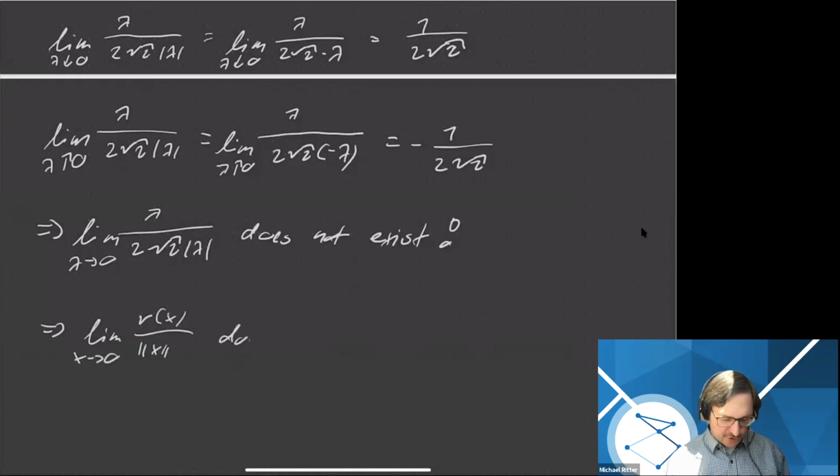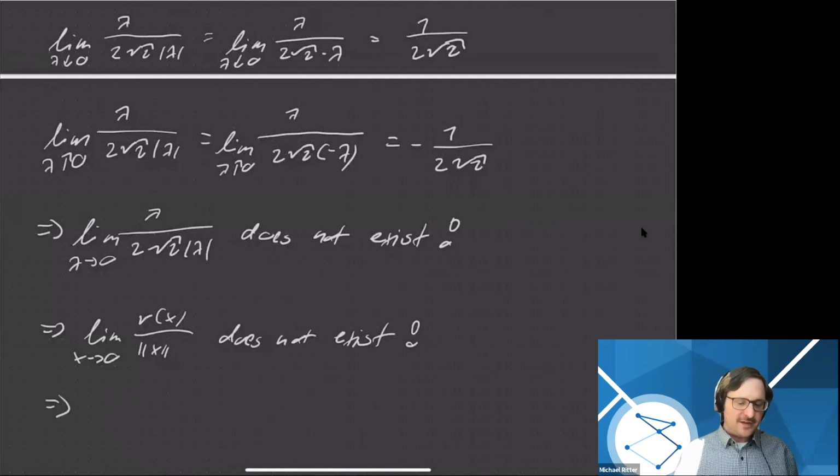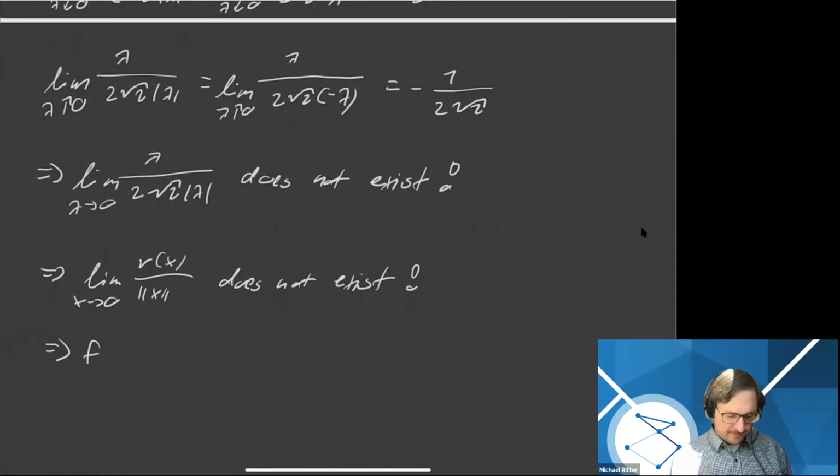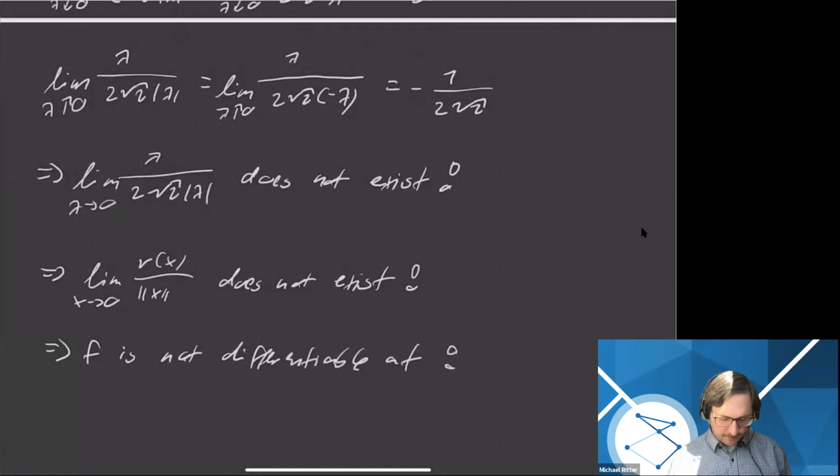That does not exist either. And that in particular means it does not tend to 0. So that remainder does not behave nicely, and that means the function is not differentiable at 0. Okay, so that's what happens in part B.